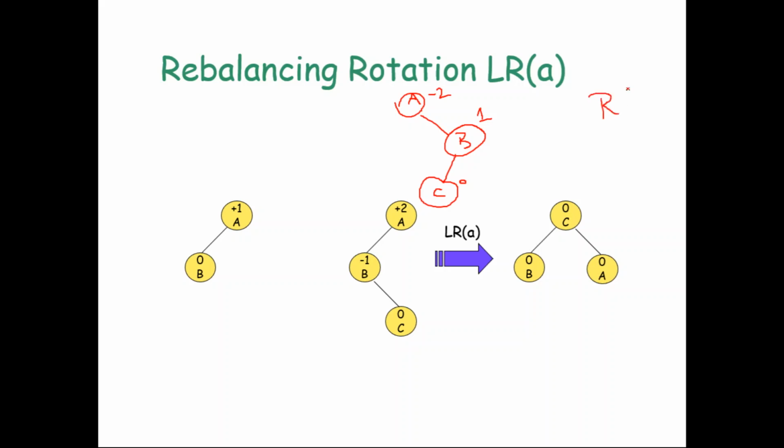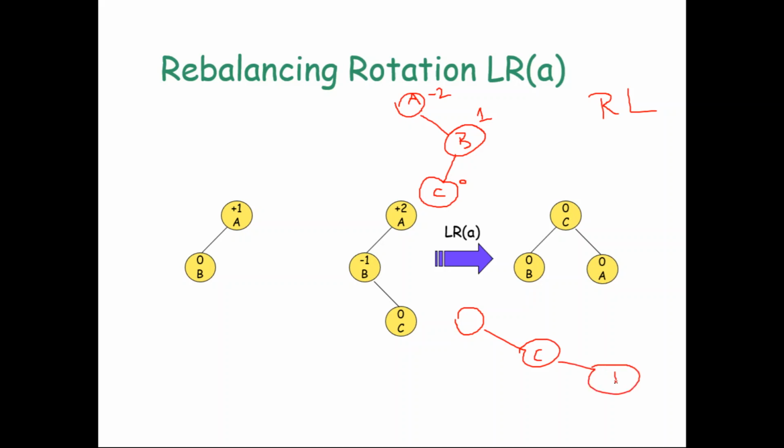So here you have to perform a right rotation. When you perform the right rotation, B will come down, and C will go up. That means the tree will become something like this: A, C, and B.